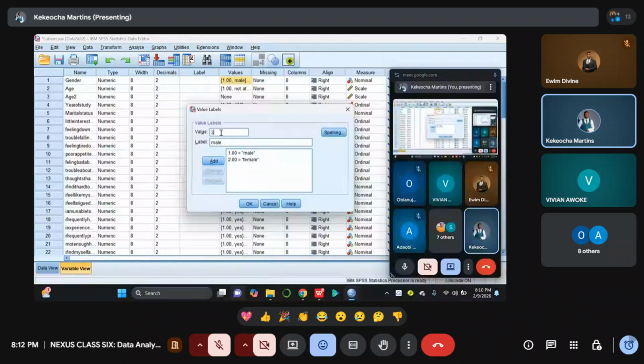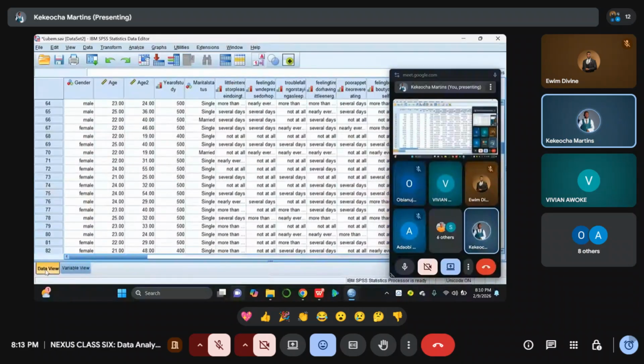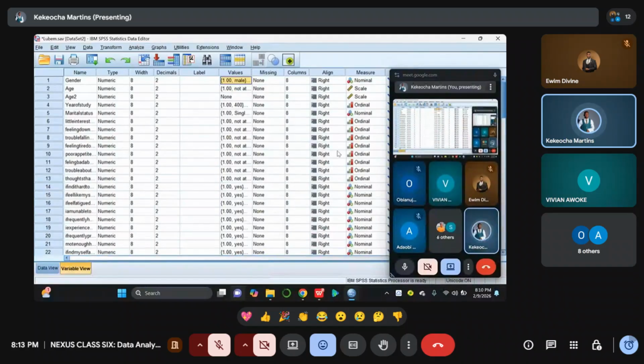So let's say you want to add 3 as others, you change here to others and you add it, it goes in there. So when I go over to my data view, once I put in 3 it is automatically going to mean others. That is what you do in this value side of your variable view.